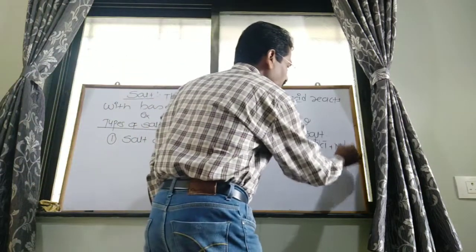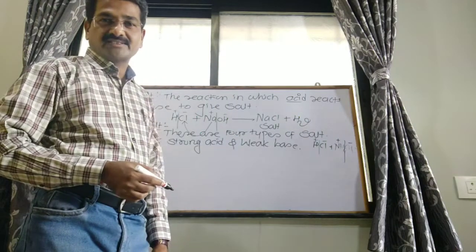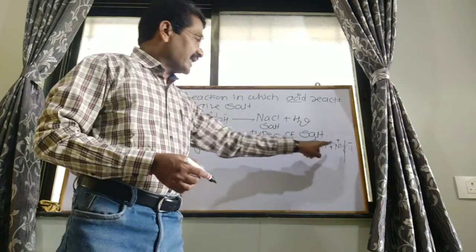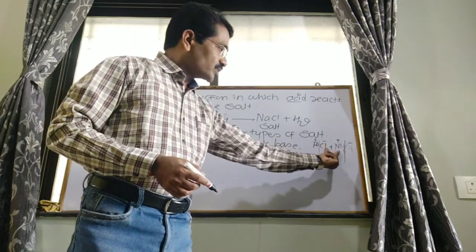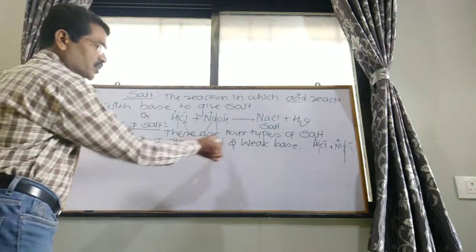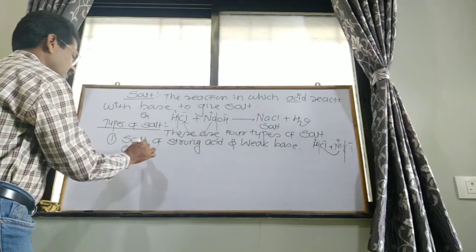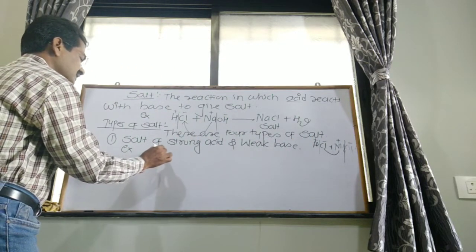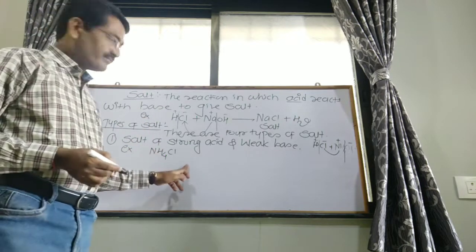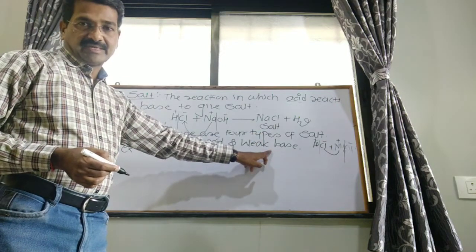Again, NH4OH breaks up to NH4 plus and OH minus. Cations of the base and anions of the acid combine together to form the salt. So the example of strong acid and weak base is NH4Cl, ammonium chloride, a salt of strong acid and weak base.